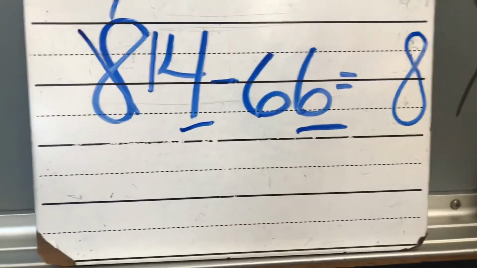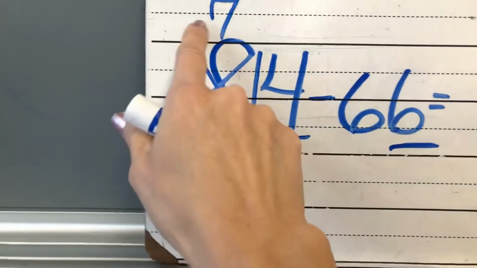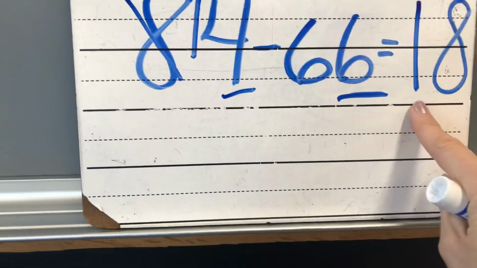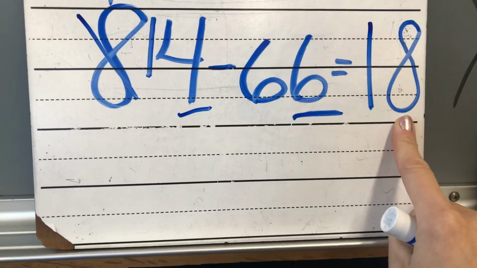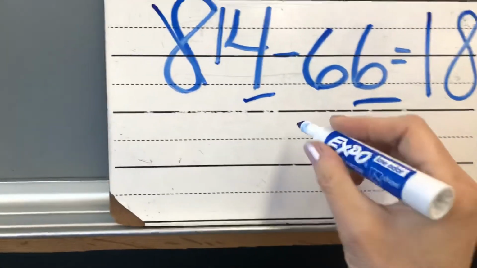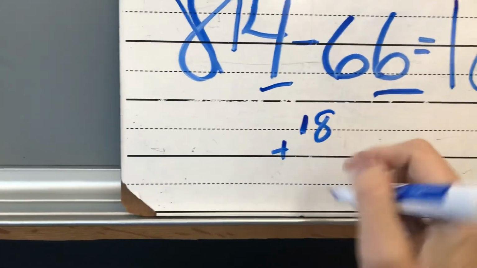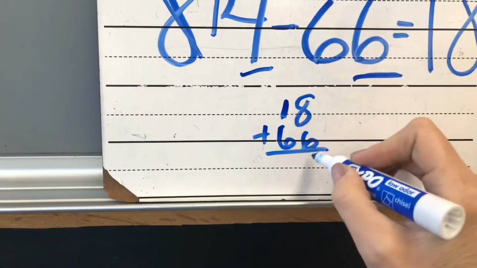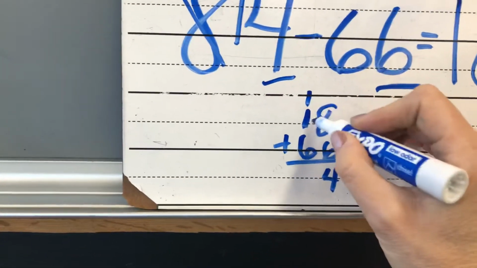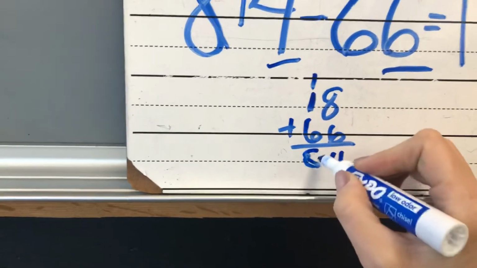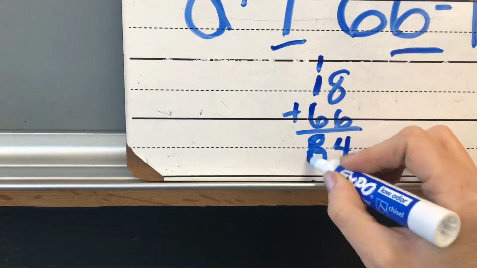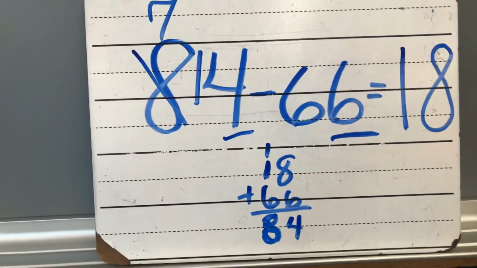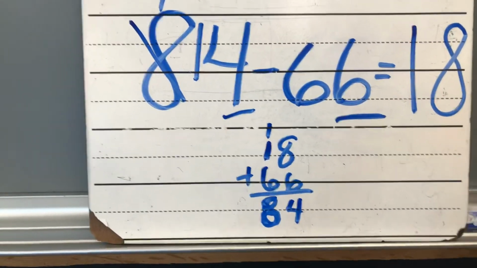You should have written 8 by the time I did. Now you can subtract 7 minus 6 equals 1. 18 is my answer. And if you added 18 plus 66, I can add 8 plus 6 is 14. 1 plus 1 plus 6 is 8. Oops, boy, that's pretty bad. 84 is the same as 84. So that should help you figure out that problem.